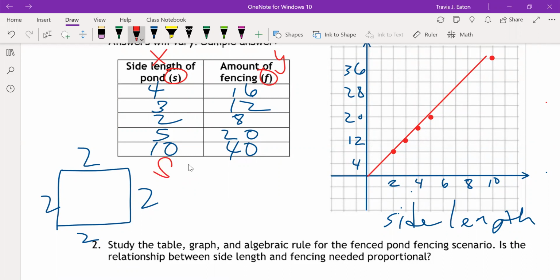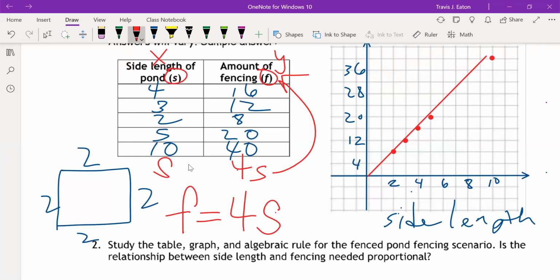Hopefully you can see that it's going to be 4 times S to make F. So our algebraic rule is F, the amount of fencing that is needed, equals 4 multiplied by the length of the side.